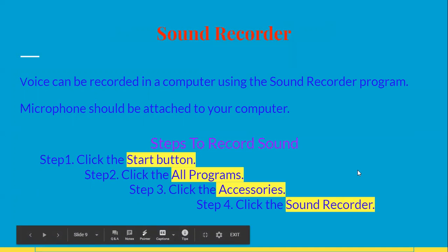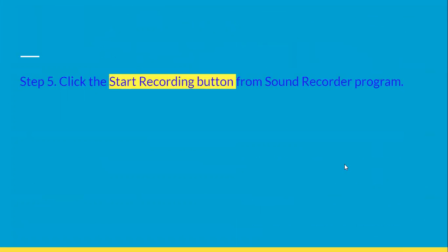Now the sound recorder will come. So when the sound recorder will come, now what you will do? Start recording button from the sound recorder program will come. We will click on the start recording button. So when you click on start recording, your recording will automatically start. Immediately one button comes, that is the stop recording button.